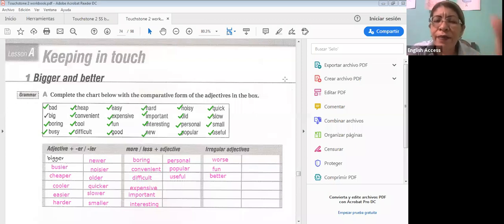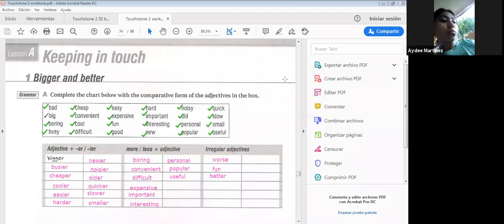Mathematics is more difficult than biology, for example. English is easier than German. Okay? That is the way we're going to use the comparative adjectives. So I want you to choose 4 adjectives and write down 4 sentences.